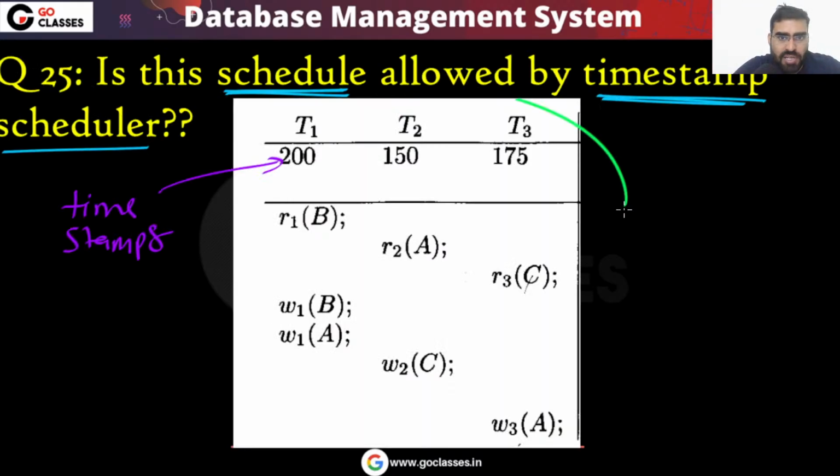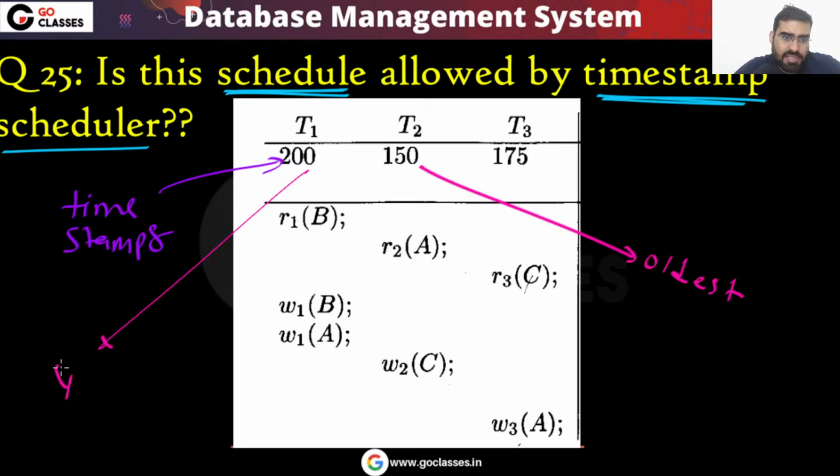First, you will convert this transaction, because remember, this is the oldest and this is the youngest. So what is the first thing you will do in the GATE exam? First, you will convert, because you are not comfortable with this order.